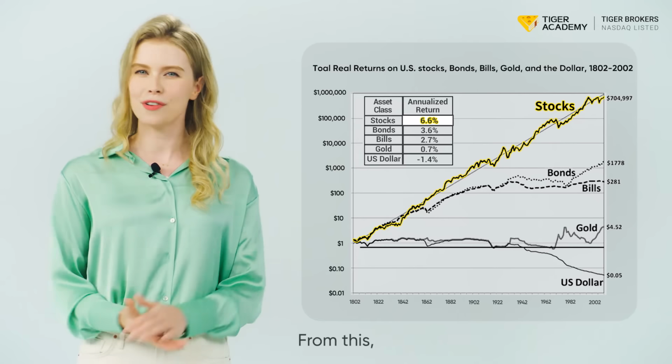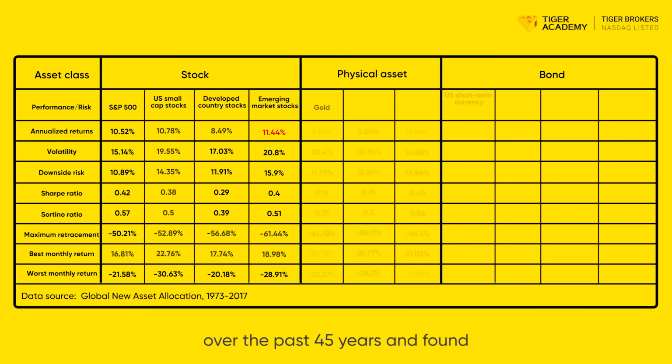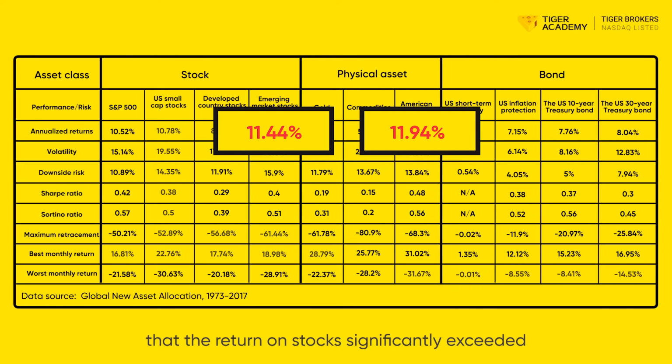In addition to Dr. Siegel's statistics, Mr. Su Young, a partner at Tiger Brokers, has surveyed the performance of global asset classes over the past 45 years and found that the return on stocks significantly exceeded that of gold, commodities, and various types of bonds. It's worth noting that over the past 45 years, the return on investment in real estate has averaged 11.94%, which is higher than the average return on investment in stocks.